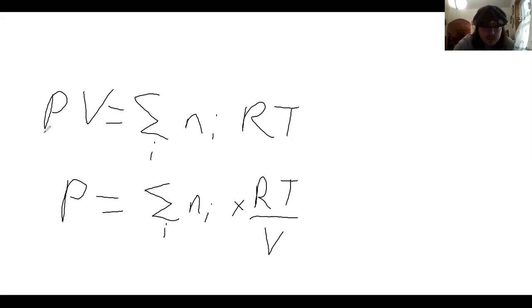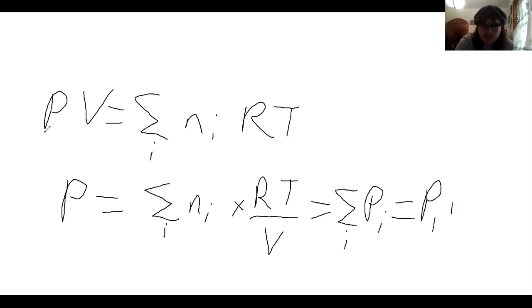Now, because this is equal to the pressure, we can say that the total pressure is equal to the sum of each individual gas all added up. The partial pressure is essentially the pressure of each individual gas, such that if we add them all up, you will get the total pressure.